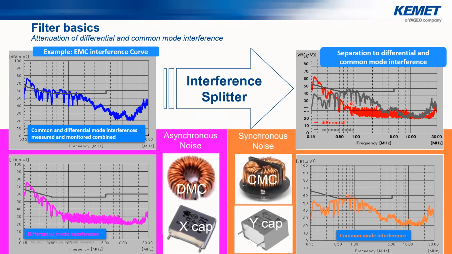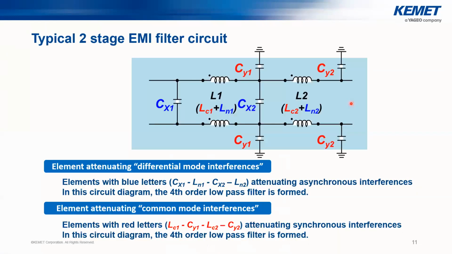And for asynchronous or differential mode noise, you need a differential mode choke or an X capacitor. This is how you can divide the different parts of your circuit diagram, to see which part serves which purpose, and which component is getting rid of what type of noise that you are supposed to encounter as your circuit works.